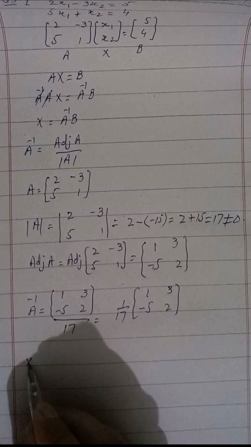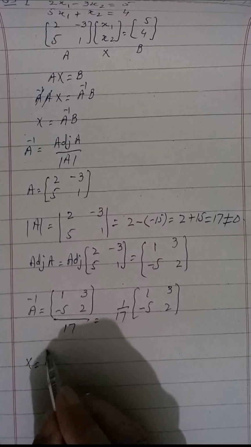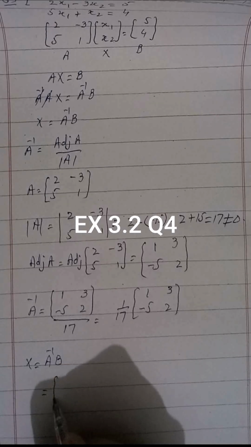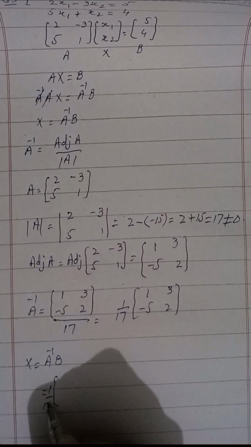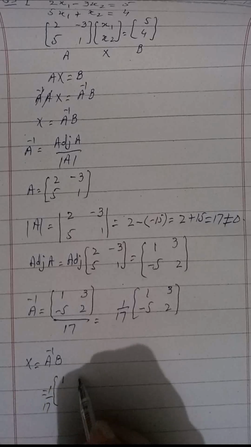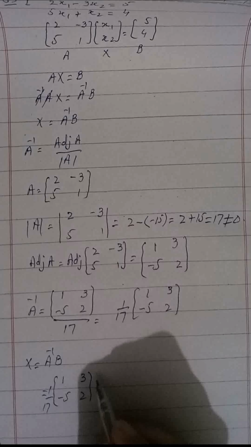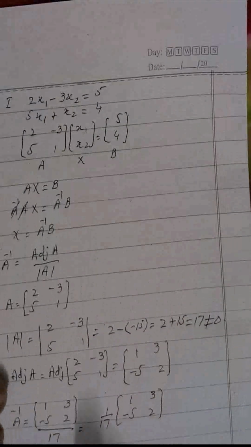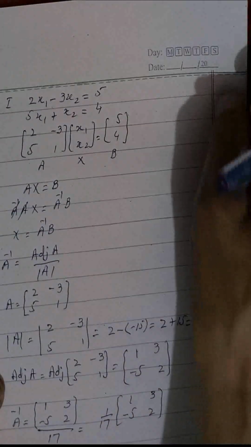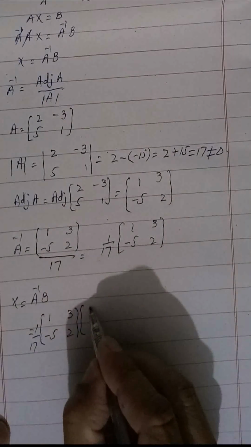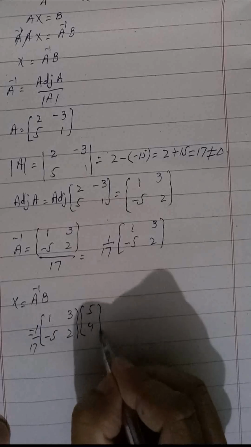Now we multiply A inverse with the B, which is equal to X. X is equal to A inverse B, which is 1 over 17 times [1, 3; -5, 2], and the B is [5; 4].